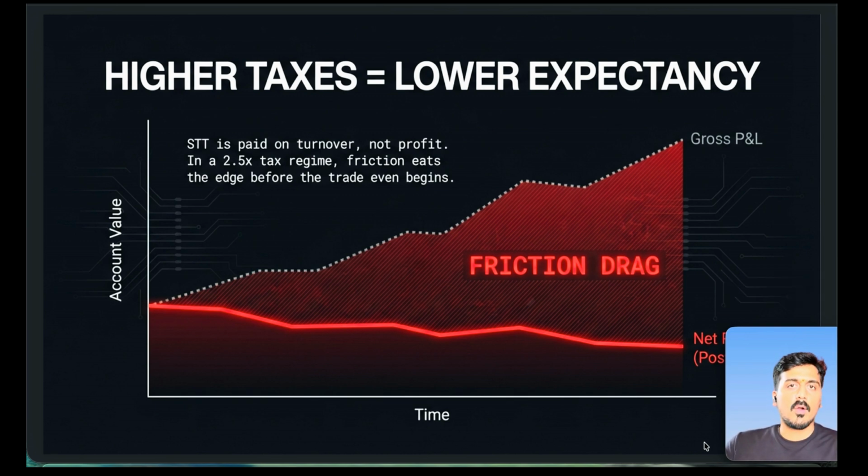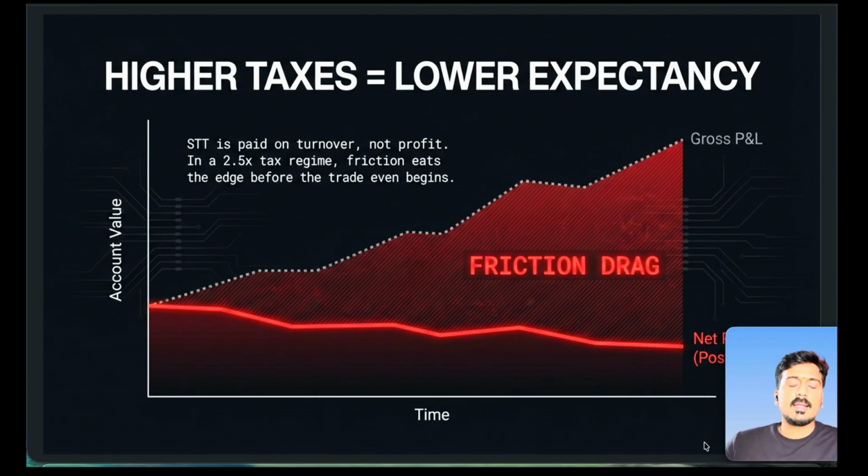So how will this look now? 80 into 2 is 160, and 20 into 4 is 80. So 160 minus 80 is 80. Just see the difference. Earlier he was making 200 rupees net profit, and now it just came down to 80 rupees.